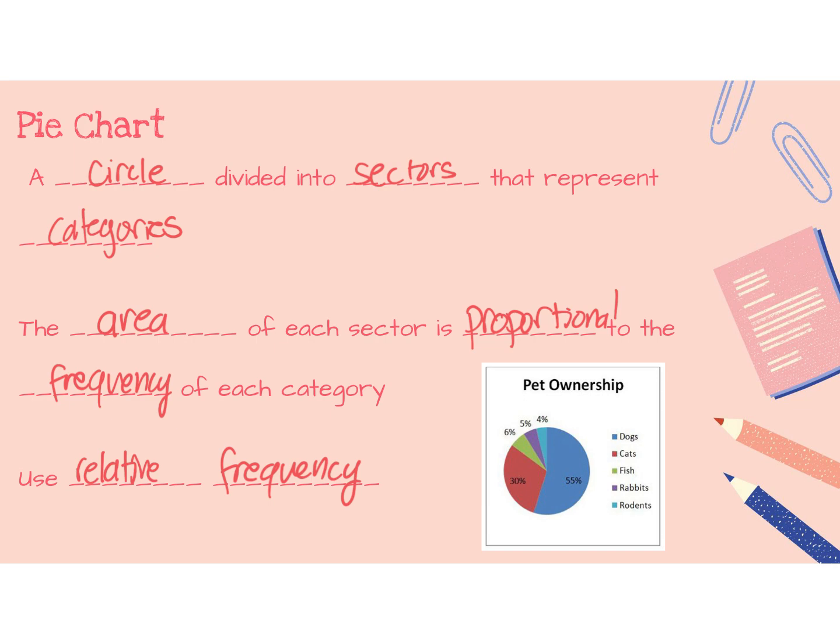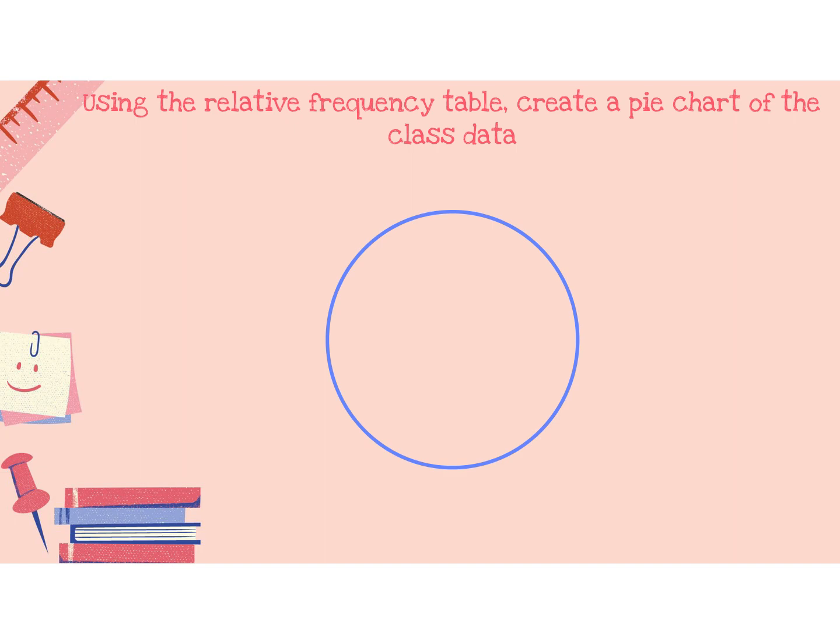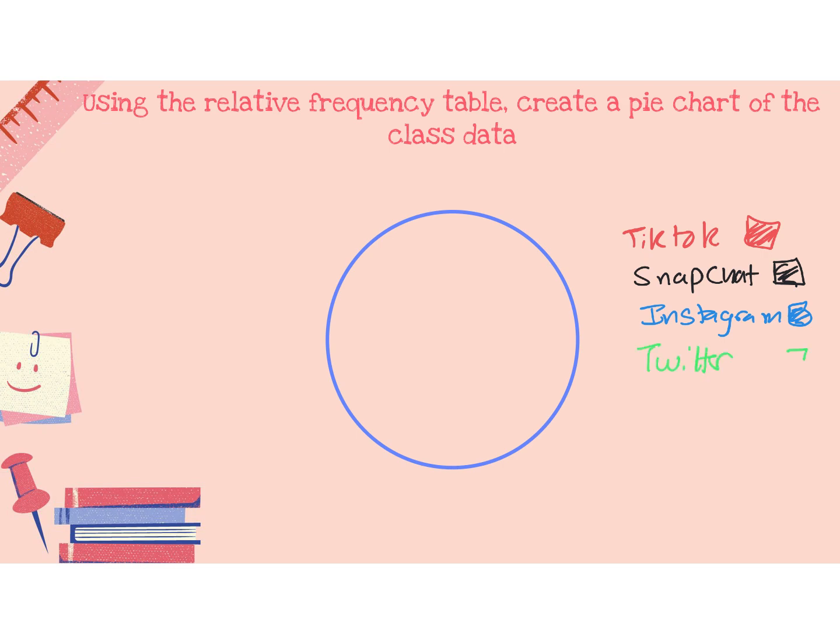So let's use our data to complete our pie chart. So we have our 5 different categories. We have TikTok, Snapchat, Instagram, Twitter, and YouTube.